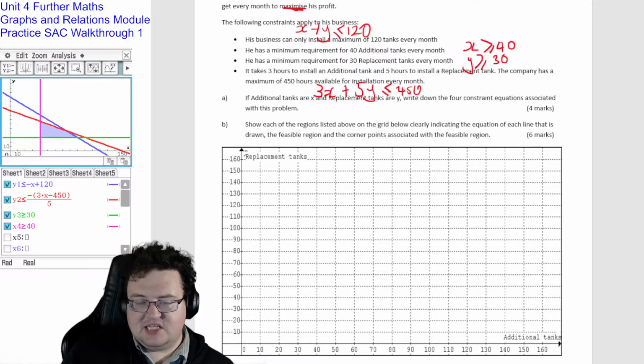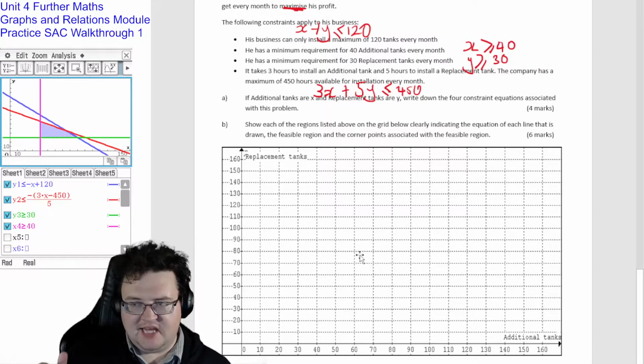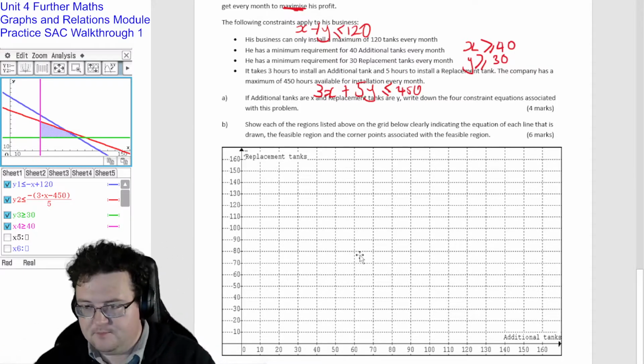So now what we need to do is we need to start placing some lines on our graph. Now, there are 2 very easy ones for us to do because they are x is greater than or equal to 40, and y is greater than 30.